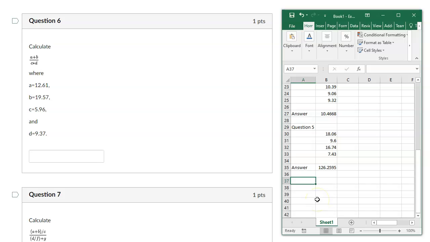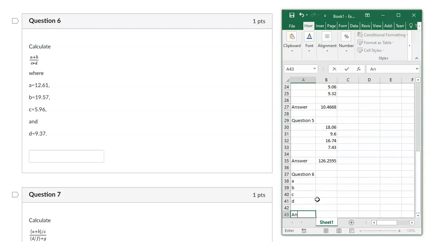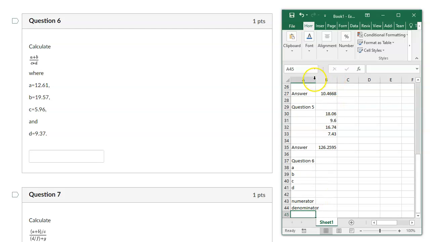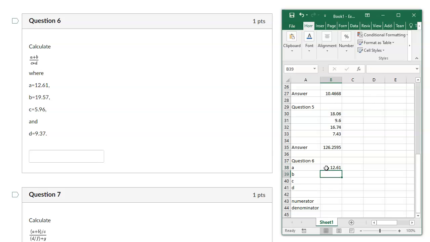Okay. So question 7 is our first one, I'm sorry, question 6. Question 6 is our first one where we have labeled input. So A, B, C, and D. Later on, you might even want to go numerator, denominator, if it's a more complex problem. Okay, A is 12.61, B is 19.57, C is 5.96, D is 9.37.